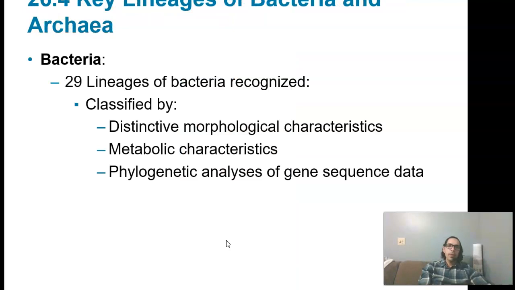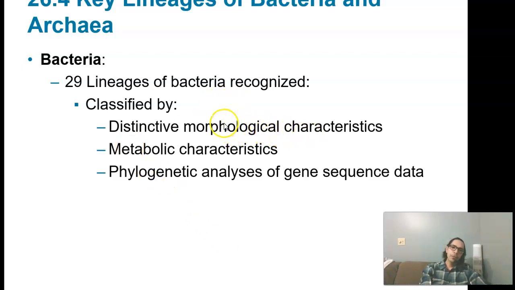Now we're going to go into some lineages of bacteria. There are 25 lineages, but we're not going to go into all of them, just a few. They're classified by distinctive morphological characteristics, metabolic characteristics, or phylogenetic analysis of gene sequence data.